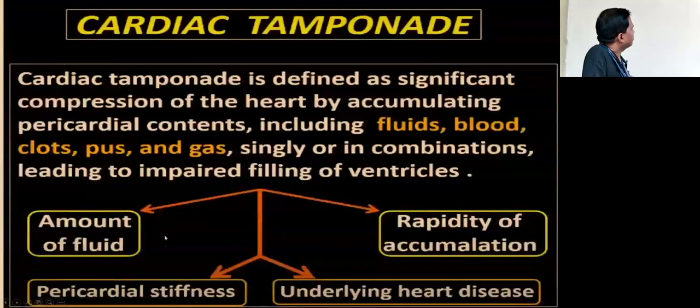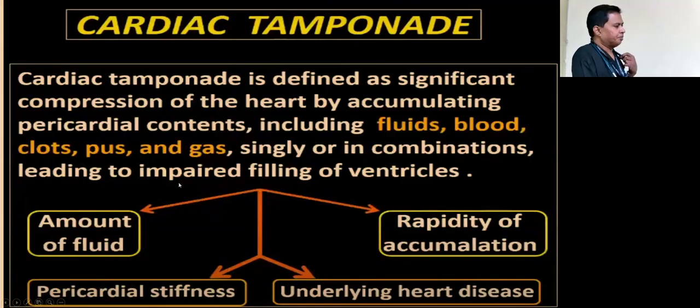Cardiac tamponade, as we said, is a significant compression of the heart by accumulation of either fluid or blood, a clot or pus or gas, singly or in combinations, leading to impaired ventricular filling. Cardiac tamponade can happen even while doing procedures like TAVI, transcatheter aortic valve implantation, or angioplasty, sometimes if there is a coronary perforation.